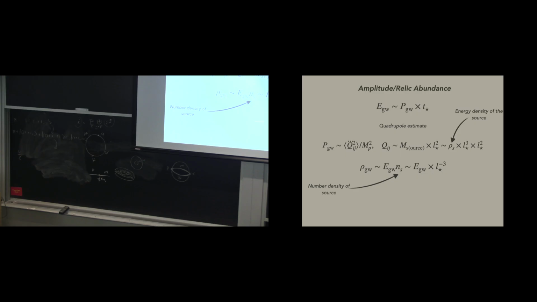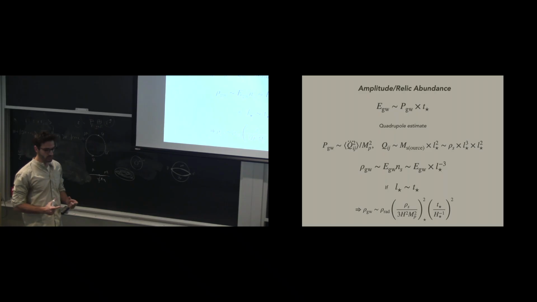So if you look now at the amplitude, you can do what I was suggesting, namely a quadrupole estimate, and you take all these length scales and time scales to be related. So you assume that the source is somewhat relativistic, and then the estimate goes through, and you get that the energy density in gravitational waves just goes like the square of the fraction of the energy density in the universe at that time that is in the source.